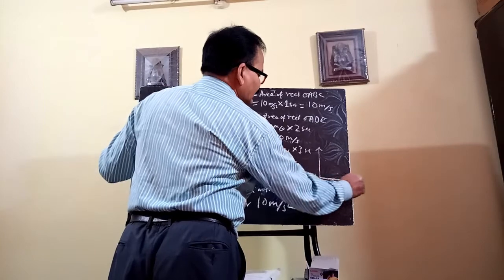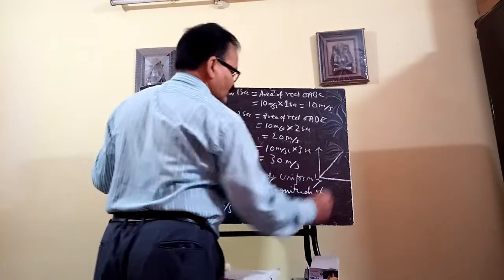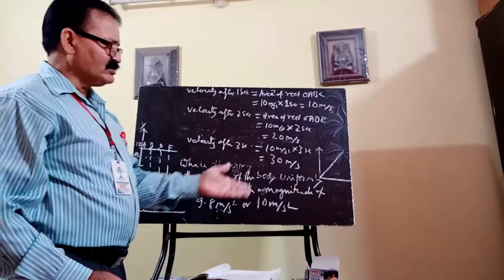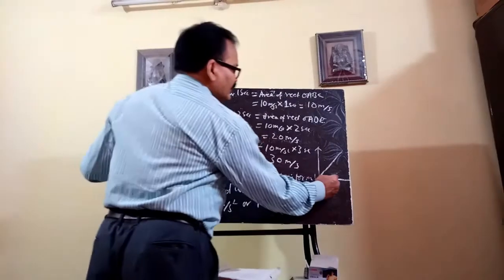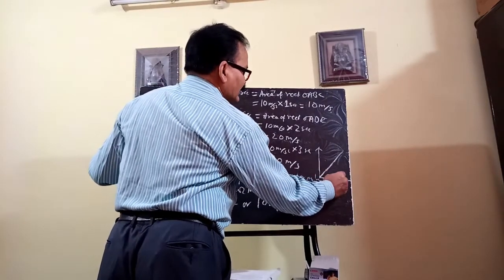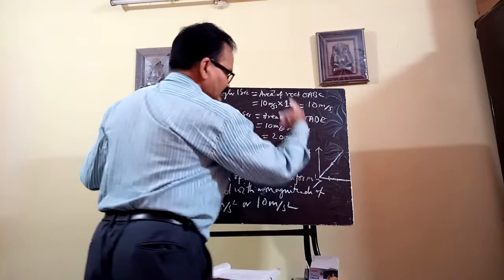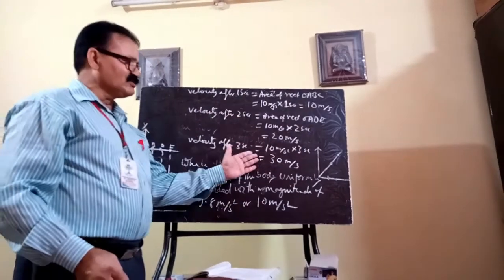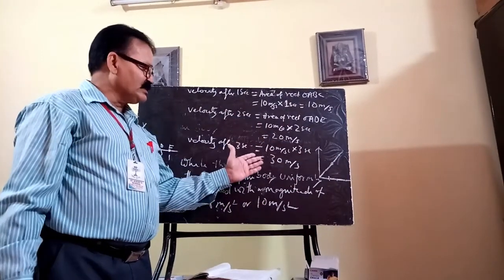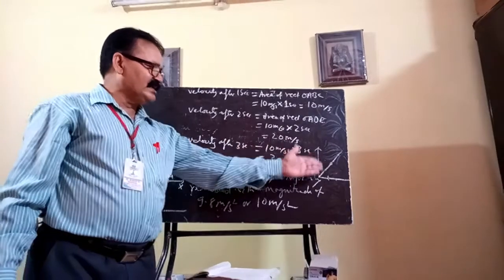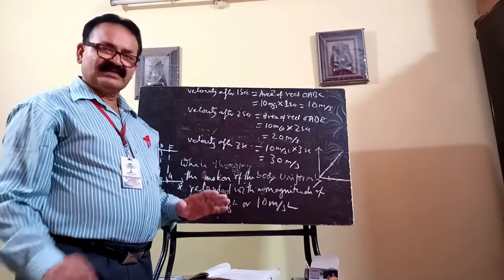In your velocity time graph, again the nature will be a straight line inclined with your time axis, because in every 1 second the change remains the same. Since the velocity increases in a constant manner, the velocity time graph will be a straight line inclined with your time axis. Clear?